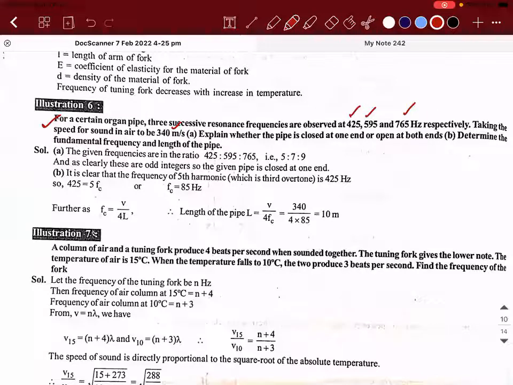So the frequencies that they've got are 425, 595, and 765. So what you will do is you will take the ratio of it. So when you take the ratio of it, what will you get?